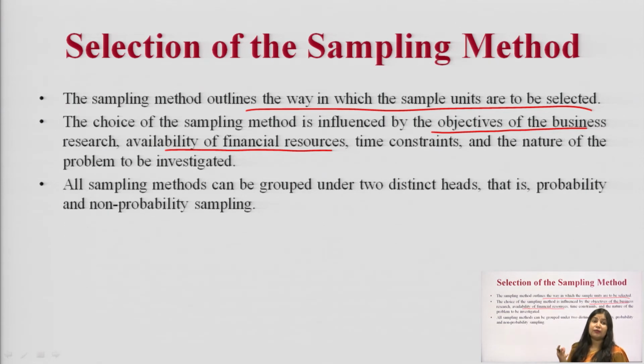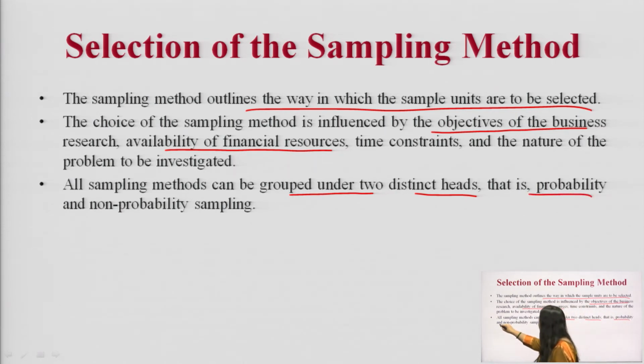So, depending upon our financial resources, our research objective, the time available and the nature of the problem under investigation, we should select our sampling method. All methods can be grouped under two distinct heads, probability and non-probability sampling, and there is further bifurcation in both.